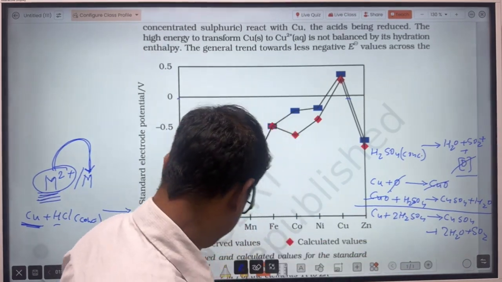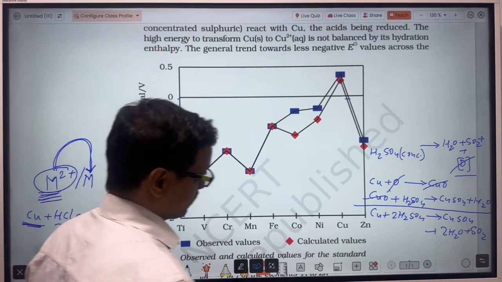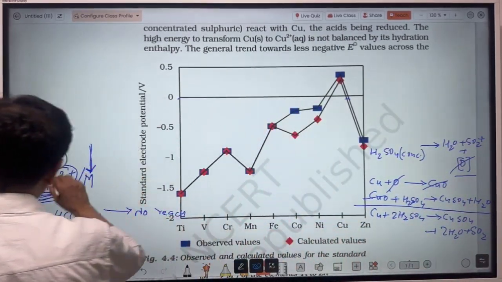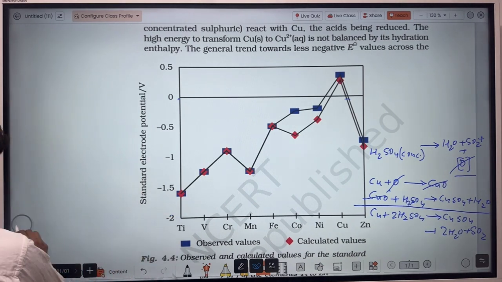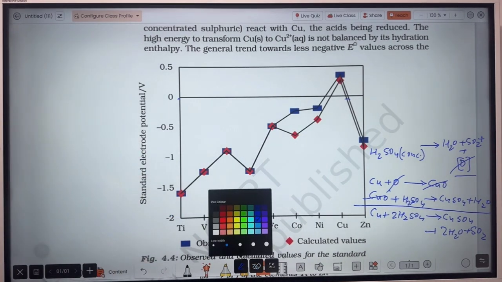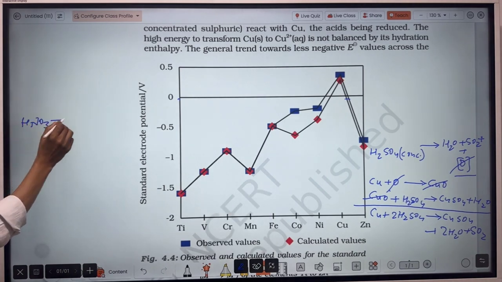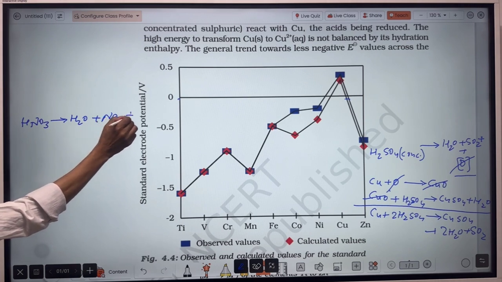Okay. Now, in the same way, we will discuss why copper reacts with HNO3. HNO3 will dissociate into H2O, NO2 and nascent oxygen.